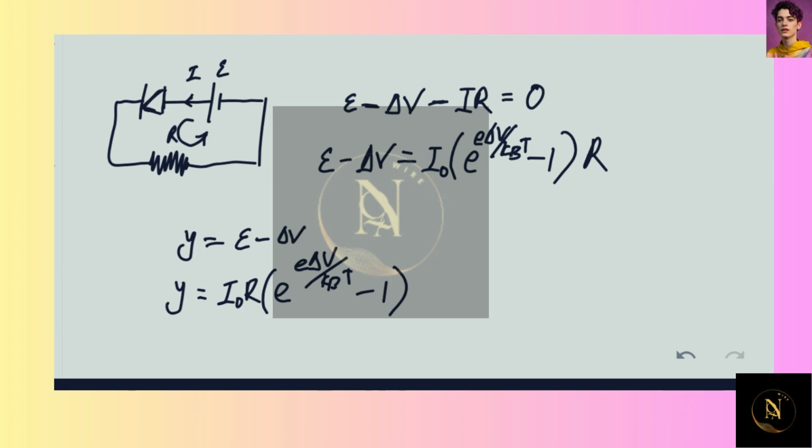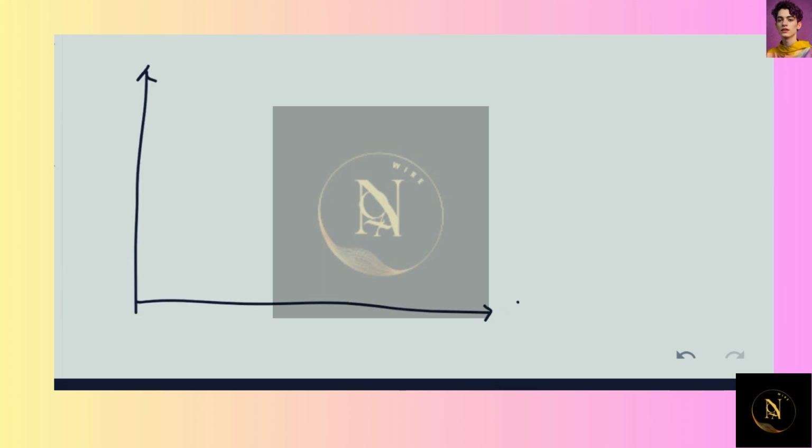For this graph over here, the x-axis will be our delta V. And for the first equation, y equals epsilon minus delta V, when delta V is 0, this will be your epsilon.